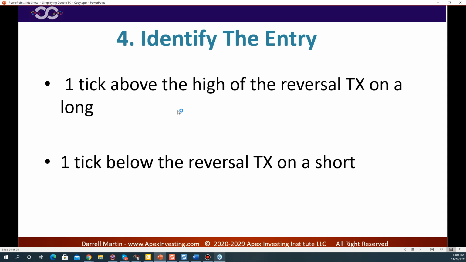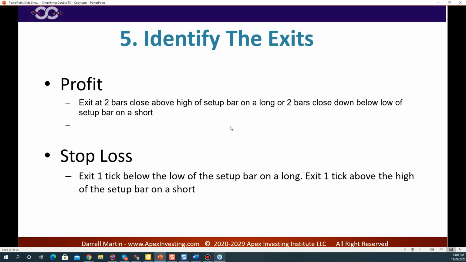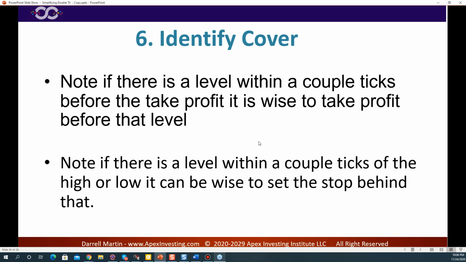All right, and your entries are like every other trade, right? Enter a tick above or below, your stops on the other side, take profit 2 bars later, and so on. Okay? Did that help clarify this trade? How many of you went into this webinar going, oh geez, that elevator thing, man, that's going to be a whole new trade for me to learn? It's really not.